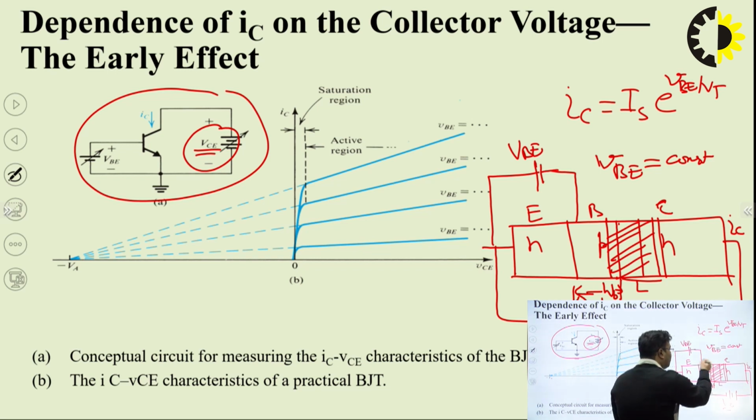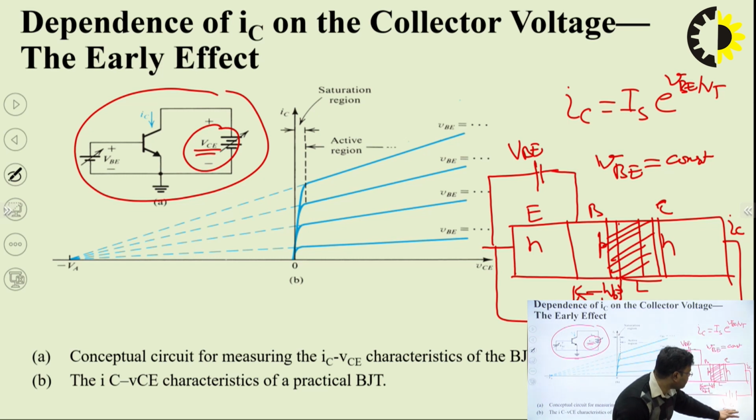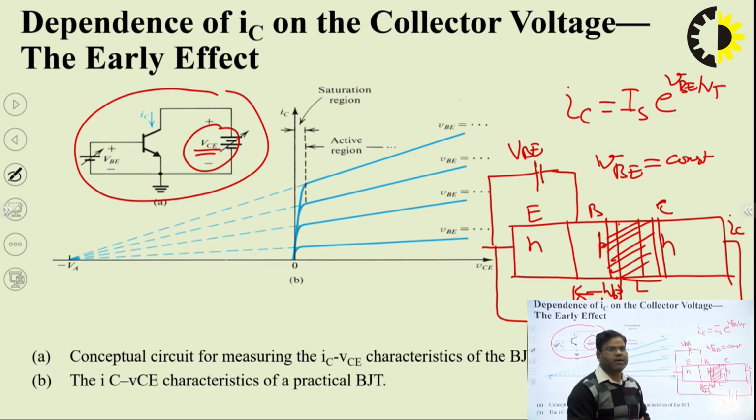Means the base width is narrowing with the effect of increasing VCE. This modulation in the width of the base region is called base width modulation or base width narrowing or early effect, because the scientist J.M. Early first described this effect. So with the name of J.M. Early, it is called the early effect.